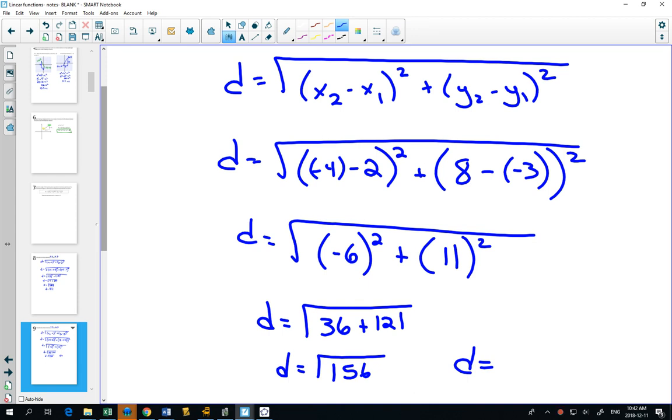How did you do? $157, yes. And we get 12.5 rounded to 1 decimal place.